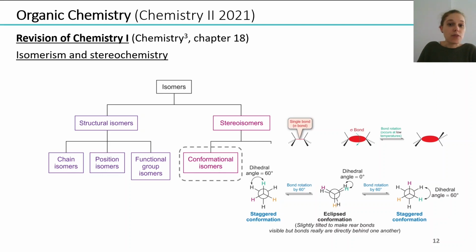And of course, we can also talk about more difficult molecules where we do not only see hydrogen atoms attached to the carbon atoms where the rotation takes place. And especially then, if you have, let's say, more difficult molecules, it is easier to draw the molecule in a different way so that we can directly see what the rotation induces in terms of position of the functional groups in space.